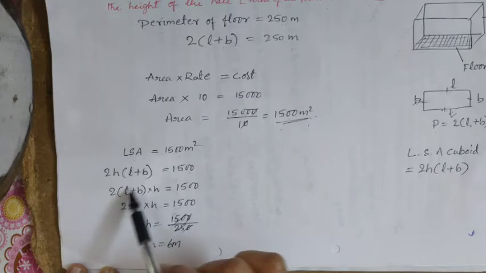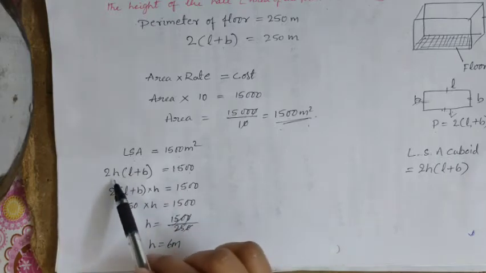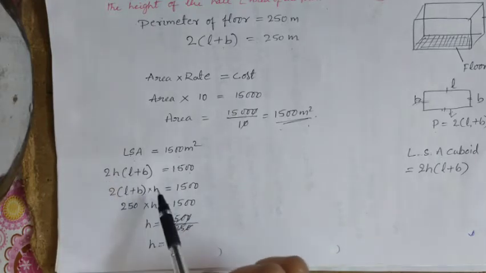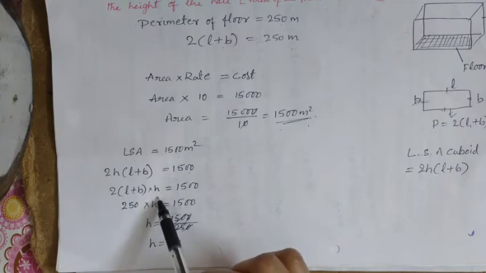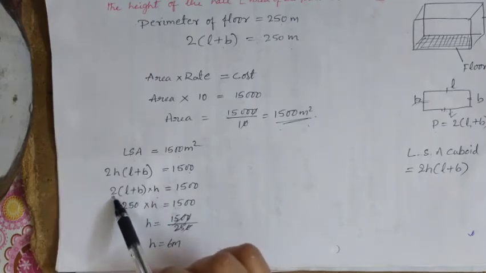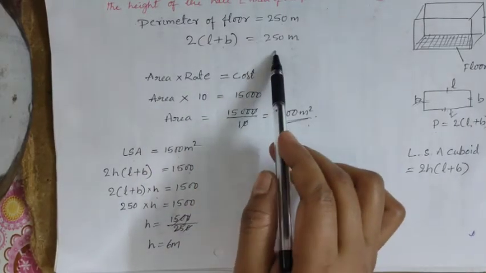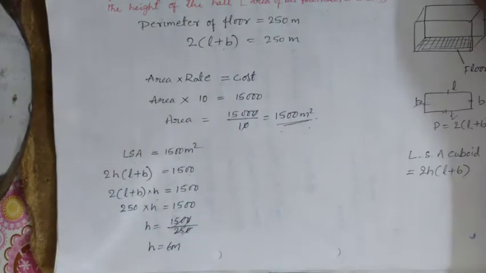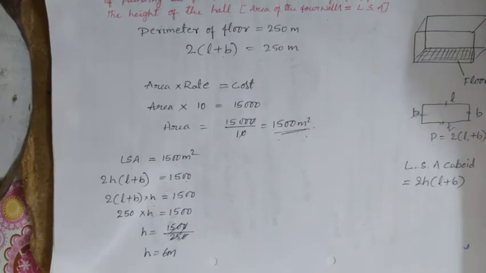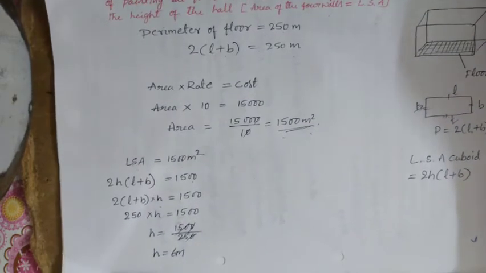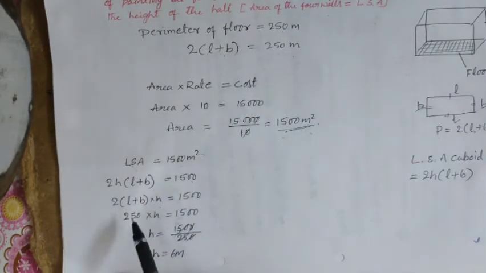Now I write this h on this side, then what remains is 2 of (L plus B). What is 2 of (L plus B)? It is 250. Now write this 250 in this place.